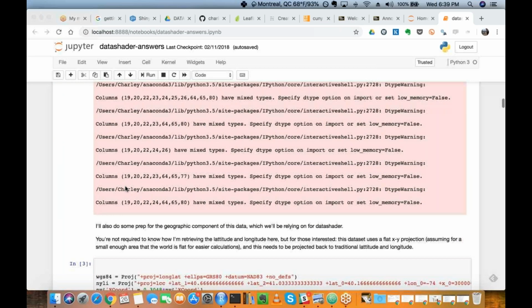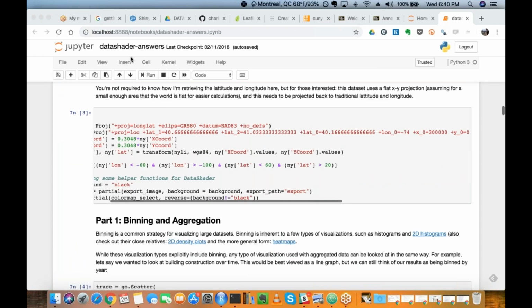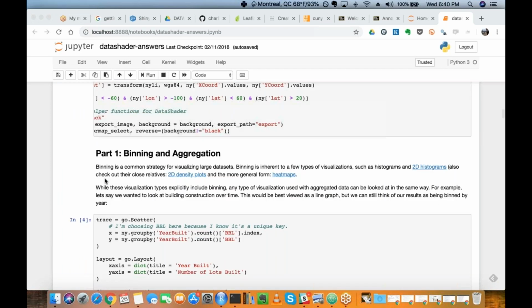So to get started with Datashader and large big data in general. The first question was meant to be more of a classical aggregate, big data visualization problem, where you have a large data set, and you're looking for strategies to try to wrap your head around it.